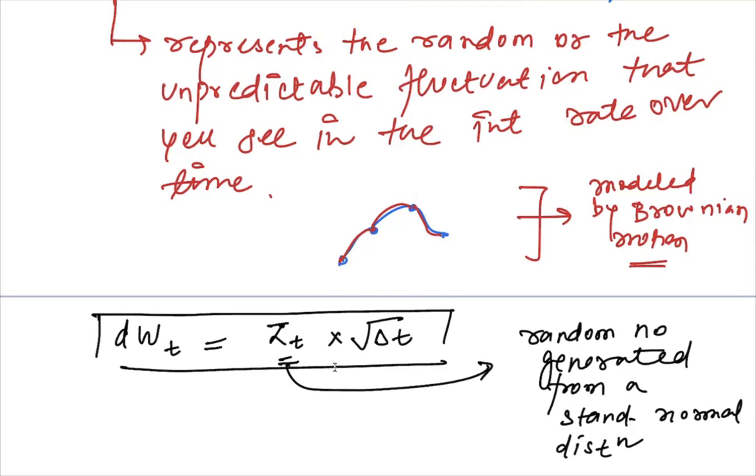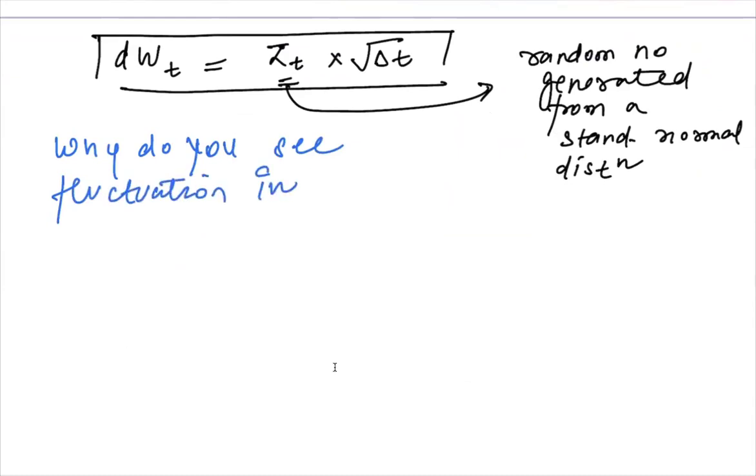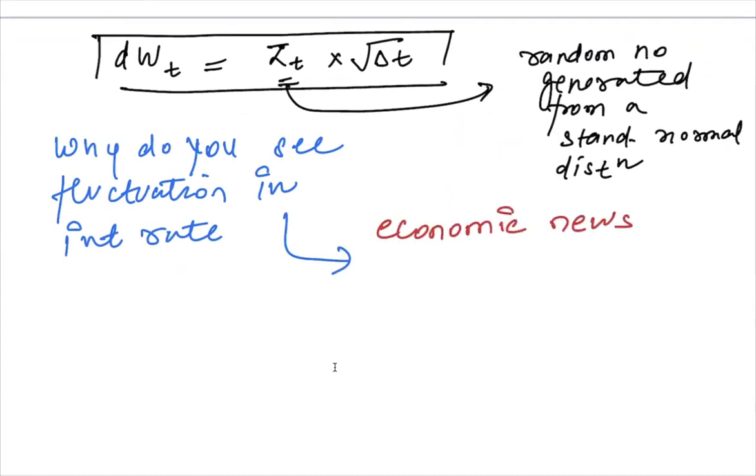The question is, why do you see fluctuation in the interest rate? There can be multiple reasons. It can be because of certain economic news, or some policy changes, or some market sentiments.